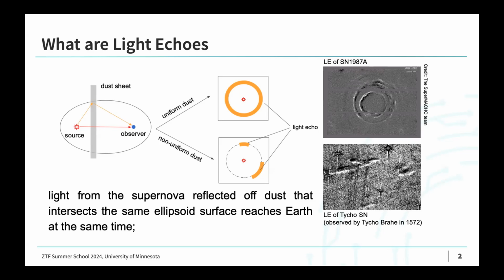When there's uniform dust distributed around the supernova, what we can observe are perfect circles surrounding the initial transient, such as Supernova 1987A, the top images. And if only part of the ellipsoid has dust, we can only observe part of the ellipsoid, such as the images below.